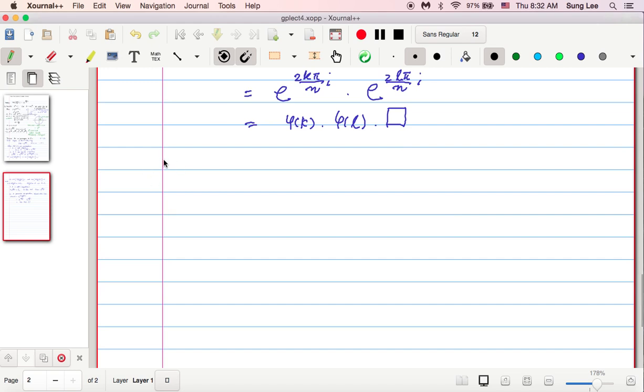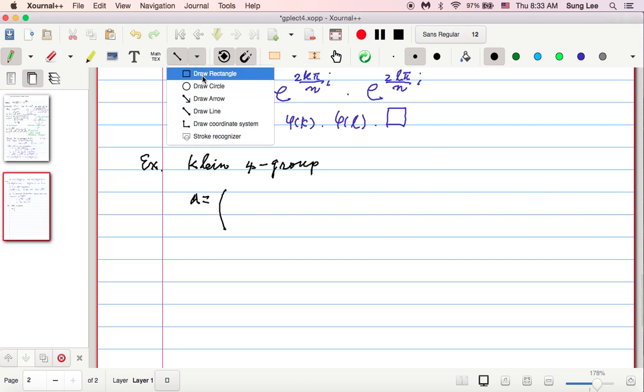Okay, so we are talking about here Klein, example, right? Example. Klein-4 group. Okay, Klein-4 group. So A, in terms of permutation, right? So we have a rectangle here. I think I better use draw rectangle.